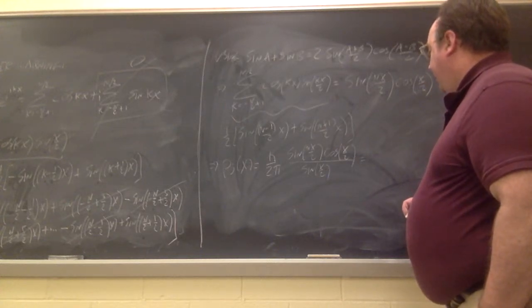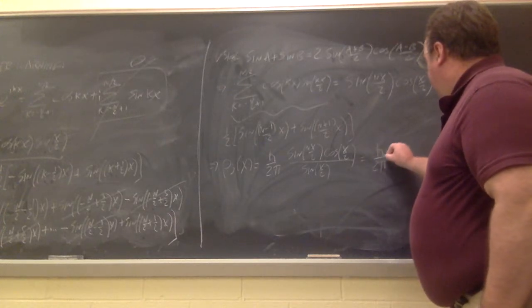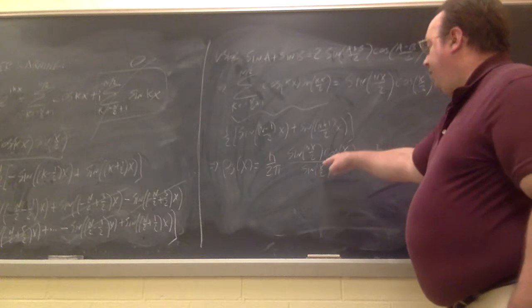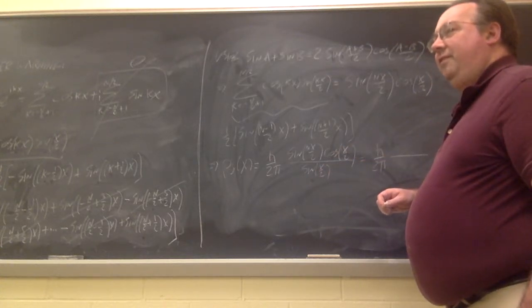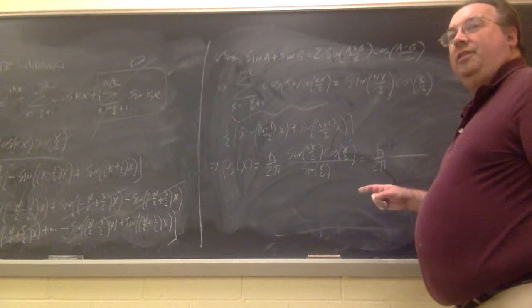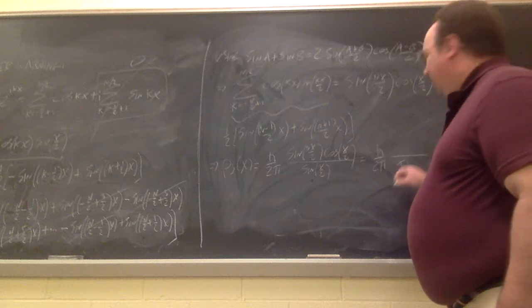So I can write this as h over 2 pi, and then sine over cosine is what? Sine over cosine. What? Yes. So I'll have tangent in the denominator.